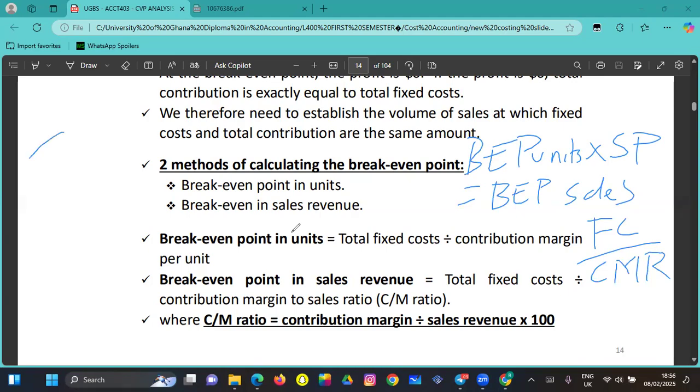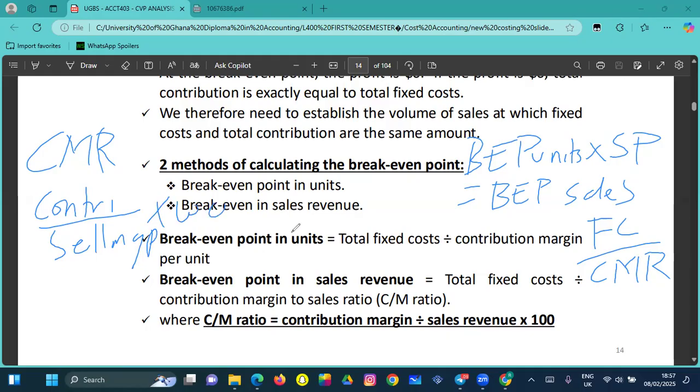The contribution margin ratio, CMR, is equal to contribution over sales, or selling price, times 100.